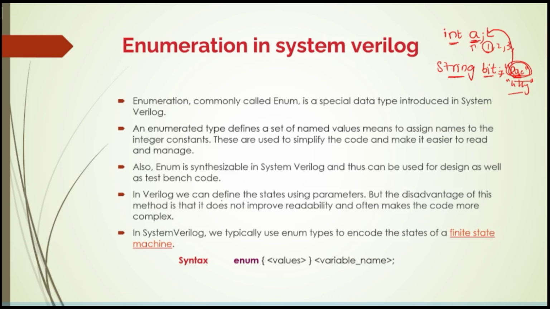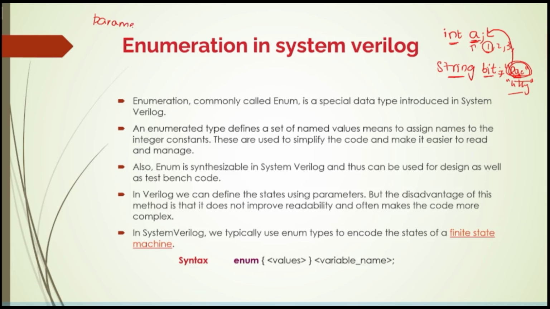In Verilog we can define the state. As I told you, this enum was developed in System Verilog. Now, is there any other way to assign names to the values? Yes, there is a way in Verilog, which we called parameters.